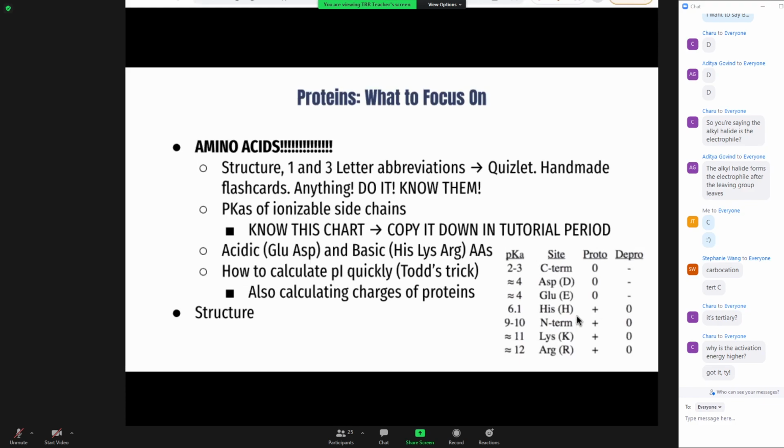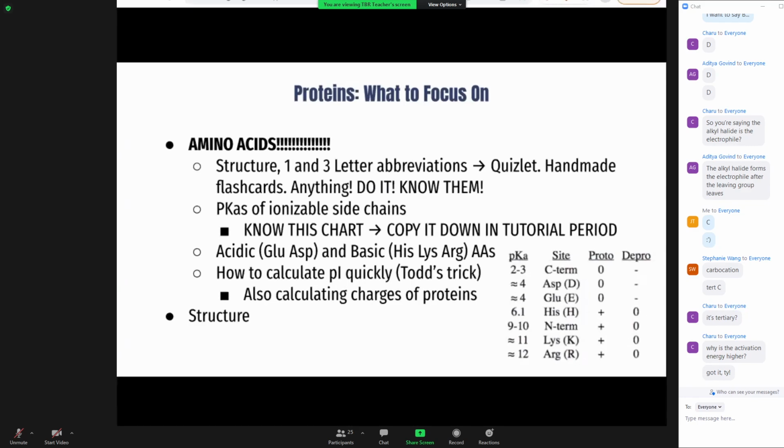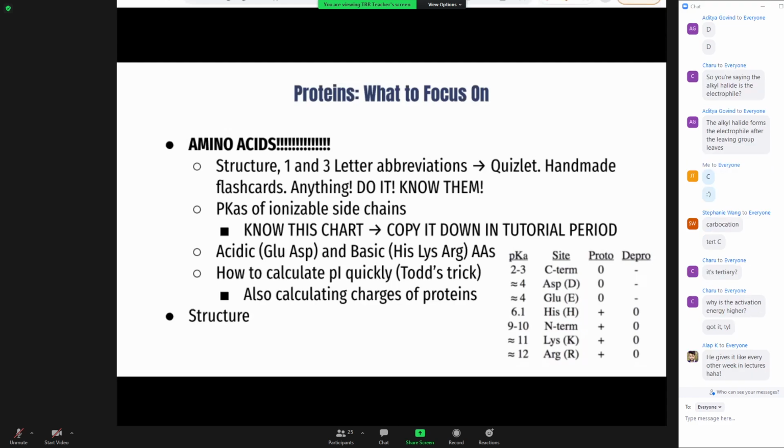And then know the chart. I believe he should have given you this chart in the amino acids and proteins lecture, but if not, I have it here. I copied this chart down during that 10-minute tutorial period. It was really helpful in just knowing all the, okay, he gives it like every other week in lectures. Perfect, yeah.